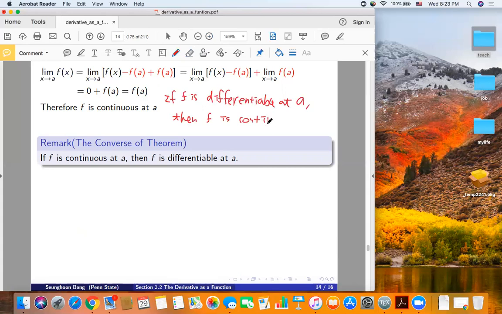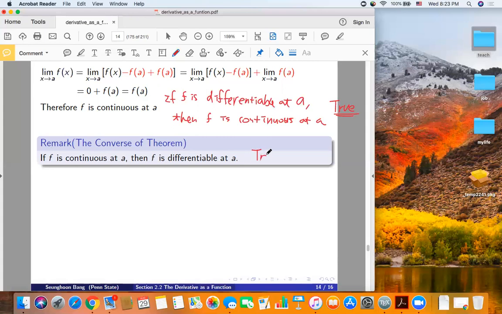This is exactly the previous theorem. What's the converse one? So this is a theorem, the true one. If f is continuous at a, then f is differentiable at a.